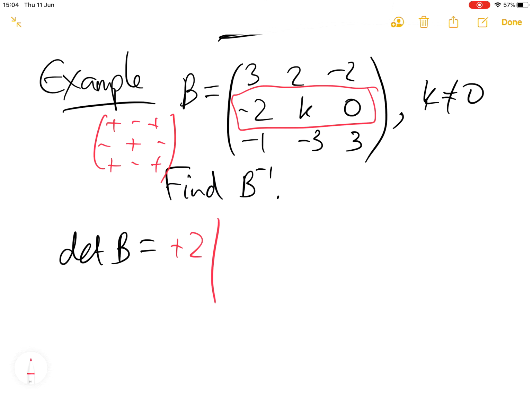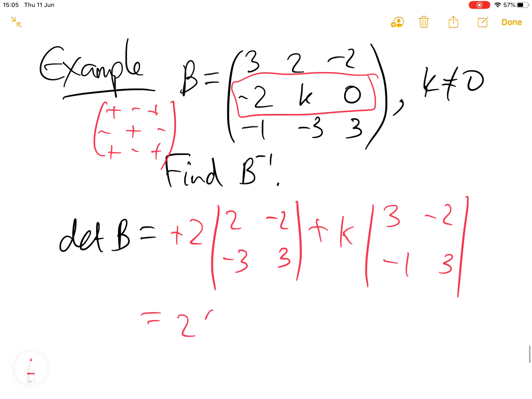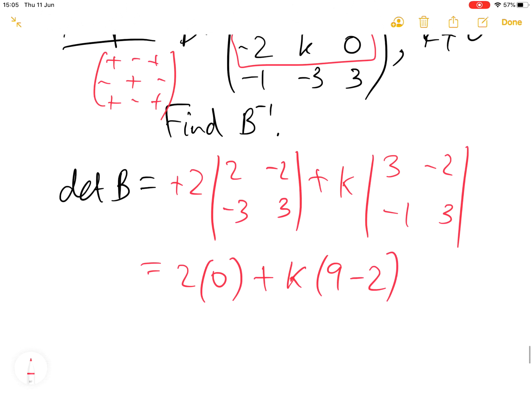So it's minus -2 or plus 2 times the minor corresponding to -2, which is 2 minus 2 minus 3, 3. Plus k times the minor corresponding to k, which is this, plus 0. And that is 2 lots of 6 minus 6 is 0, plus k times 9 minus 2. So we get the determinant is nothing more than 7k.